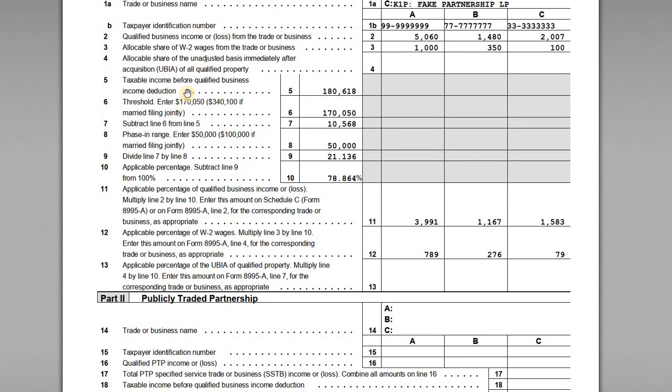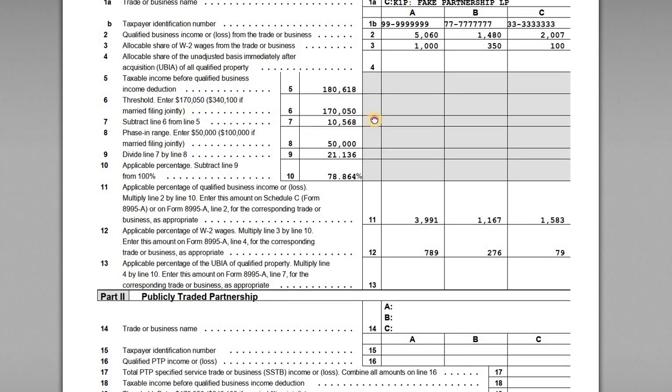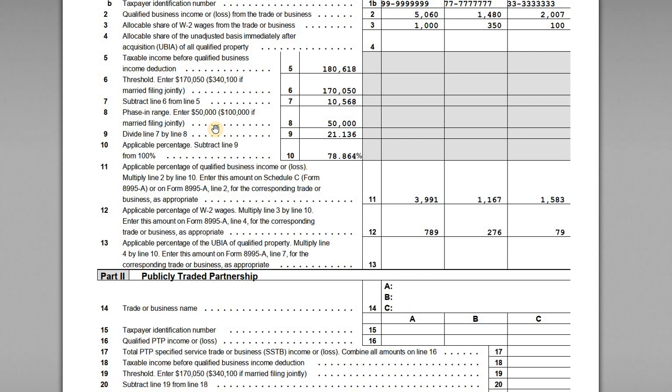So the taxable income that John had before his QBI deduction is $180,618. The threshold, given his filing status, is $170,050. So he subtracts the 2 out there. The phase-in range is $50,000, right, or $100,000 if MFJ.